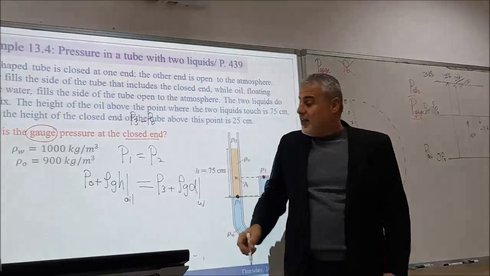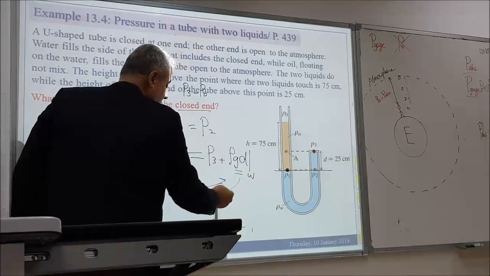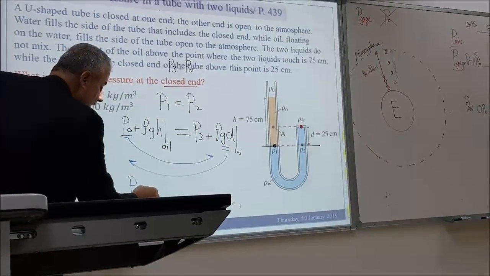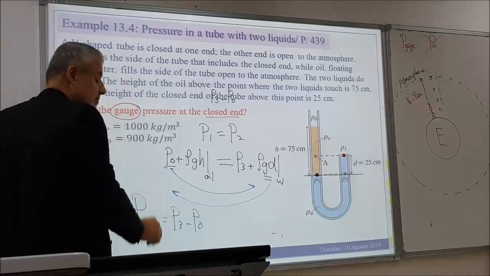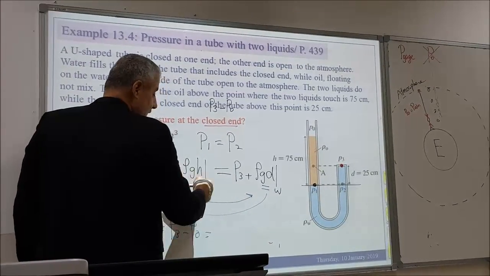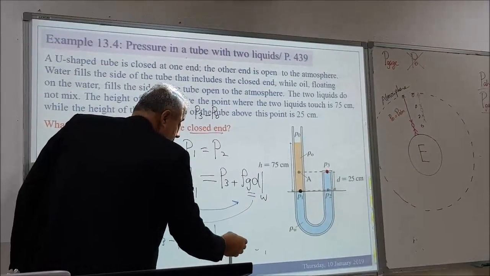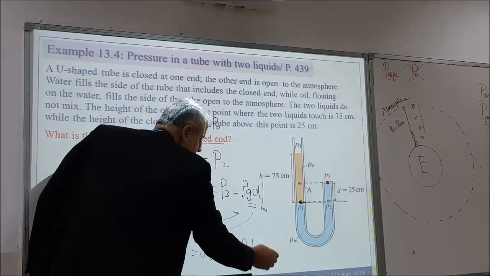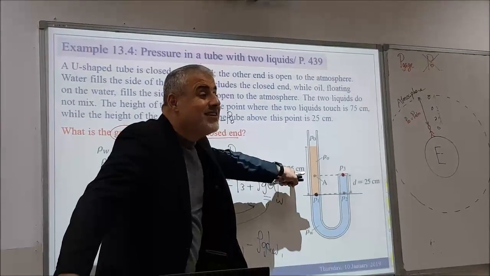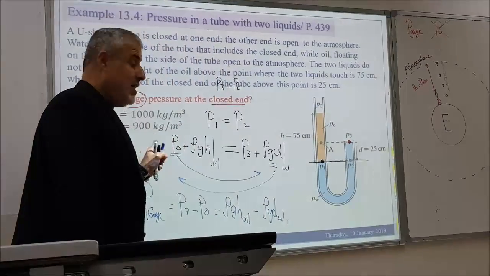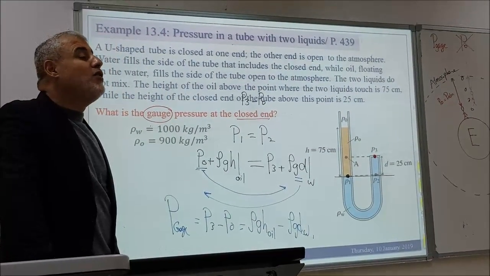P3 minus P0, simply mathematically you shift this to the other side. تعالوا معي, we write P3 minus P0, this is my gauge pressure, equals rho gh oil minus rho gh water. إيش بقى rho is there, h oil is 0.75, rho water is 1000, and h water how much is it. That's it, this is the gauge pressure.